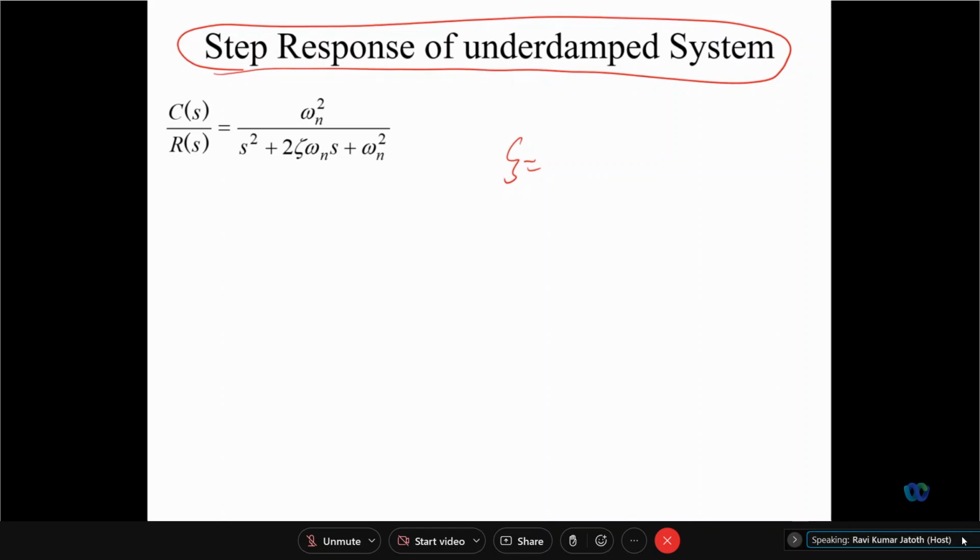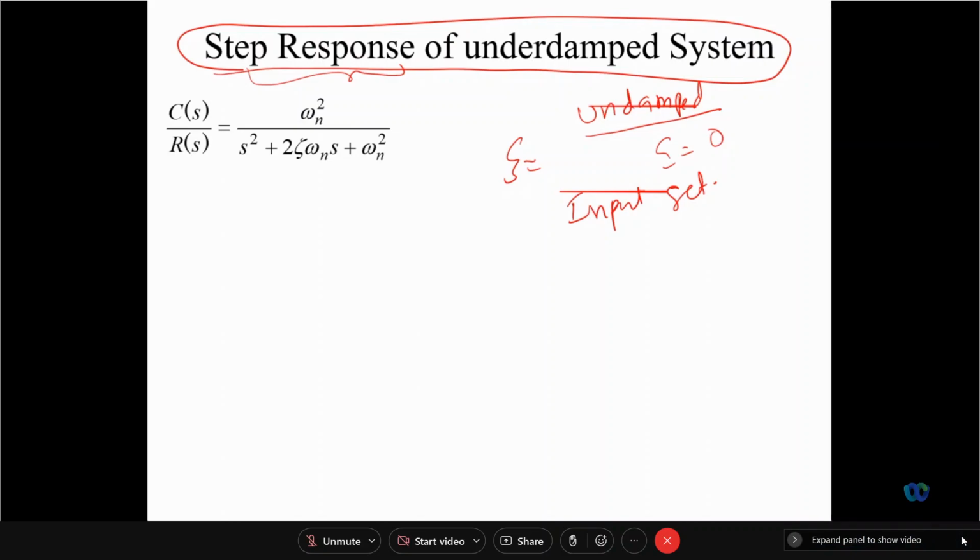Now let us take the step response of an undamped system. What do you mean by undamped? Zeta is 0. When zeta is 0 and the input is a step, then C of S is equal to what?